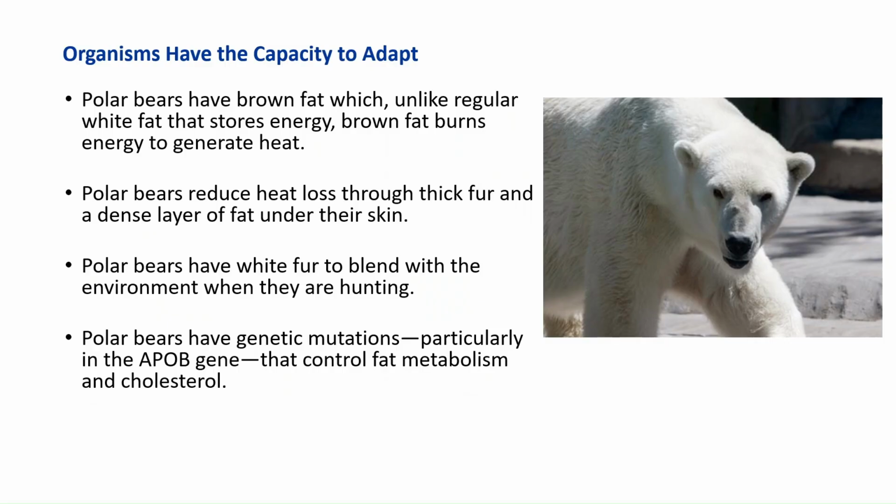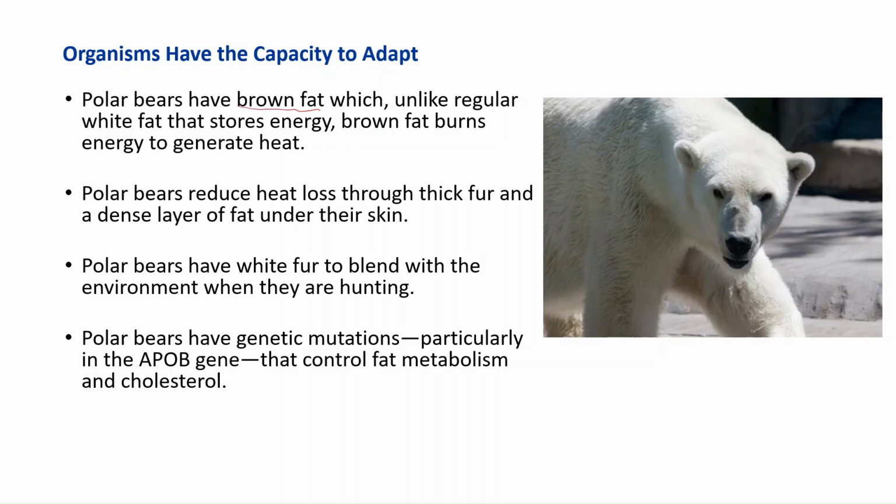Don't worry. This is my favorite example of adaptation, the polar bear. Polar bears live in a very cold environment. Well, they have a special kind of fat, brown fat. Fat stores energy, but it's usually energy for the cell, for the organism. In brown fat, there's a little disconnect in the cellular respiration, so it produces mostly heat. It has a built-in heater.